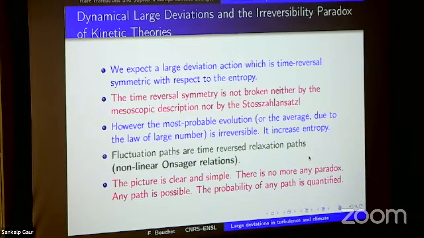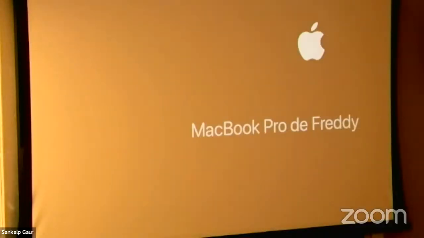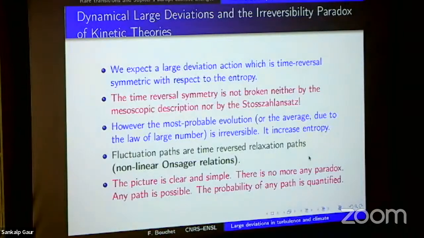And so you can extend the Onsager reasoning extremely far from equilibrium. And so if you think about it, with this large deviation picture, everything is very clear and simple, and there is no more any paradox. Any path is possible, and the probability for any path is quantified, and there is this time reversal symmetry, which is built into what you are computing.